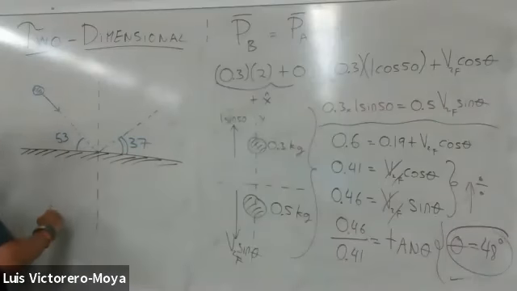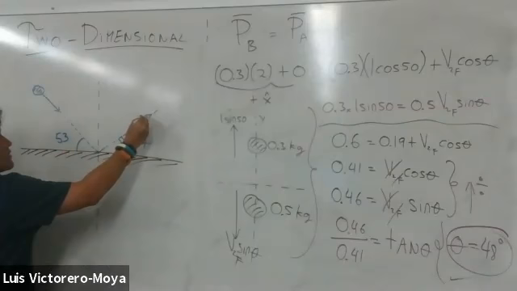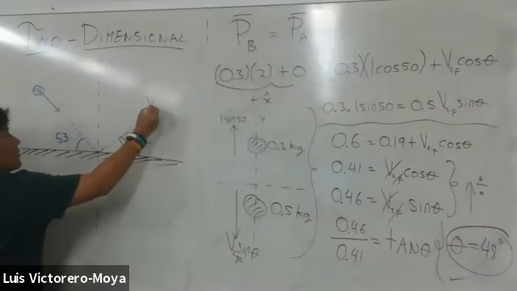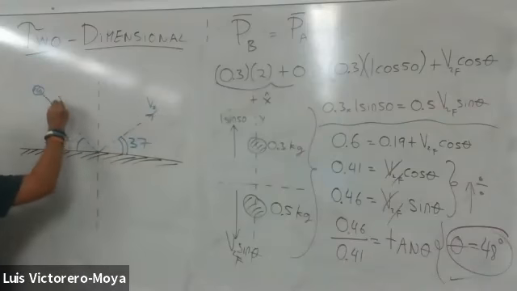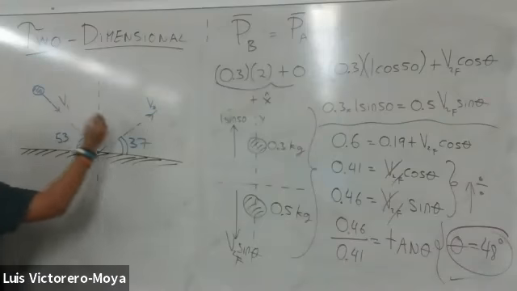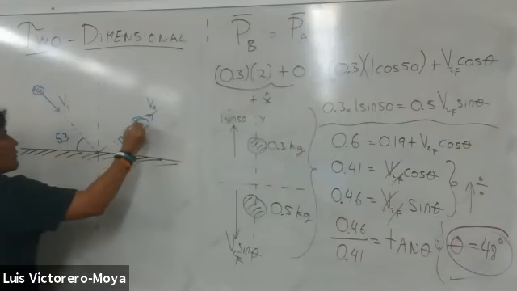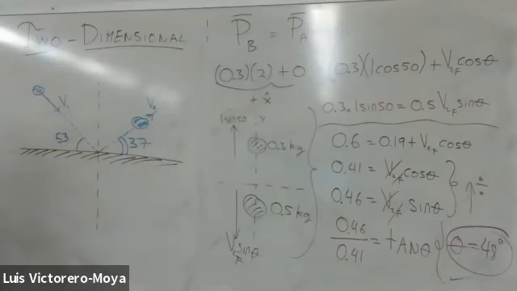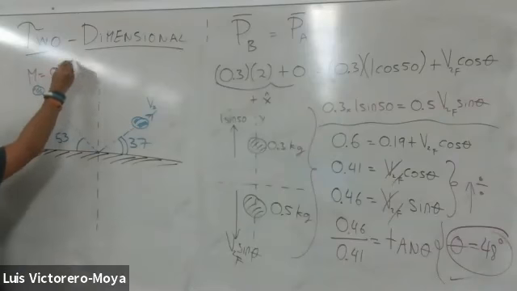So if that happens, what should this V2 be? And this is V1. It's the same mass, so the mass here is, let's say, 0.4 kilos.